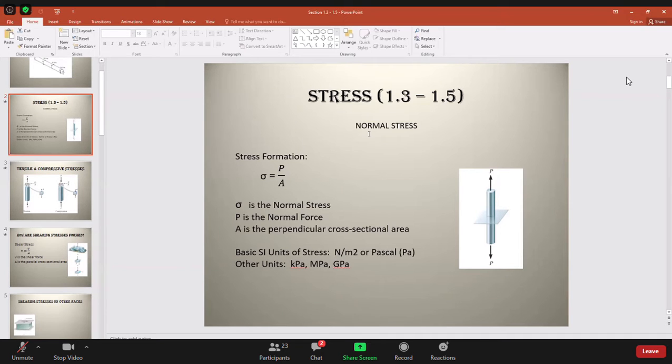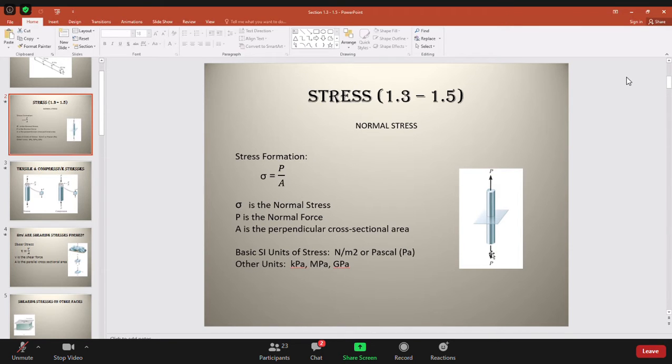So basically, if you see, you have a member, for example, this member I have shown, and I've borrowed a picture from your textbook. If you have a member like this, and the member is axially loaded, so you have a force P in one direction, and to balance that, to keep it in equilibrium, there has to be a force P in the other direction also.